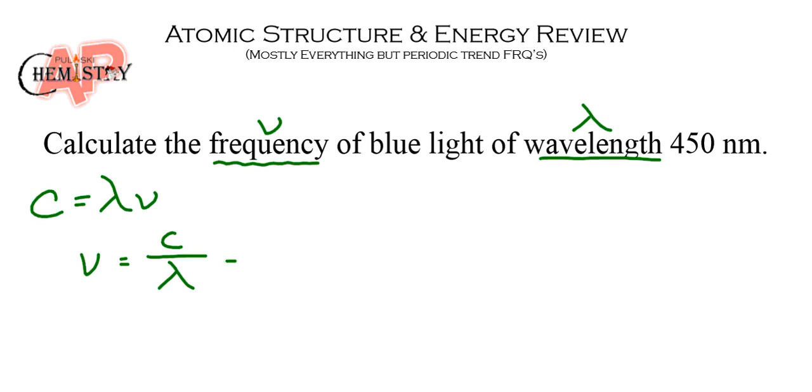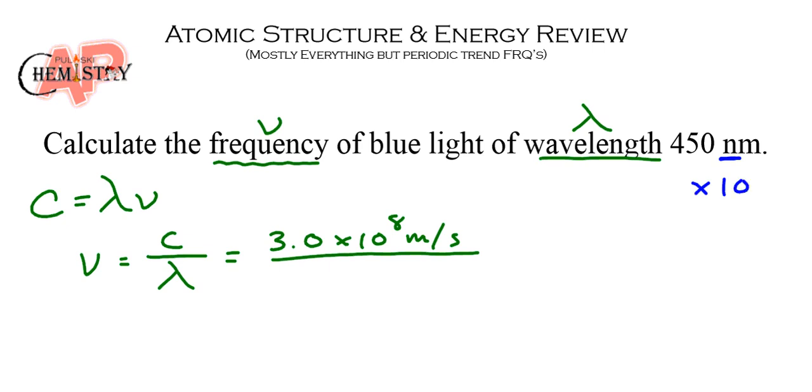Now we just need to simply plug this in. So speed of light approximately is 3 times 10 to the 8th meters per second. And wavelength, you've got to make sure you have this correct, is that nano is times 10 to the negative 9th. So that becomes 450 times 10 to the negative 9th meters.